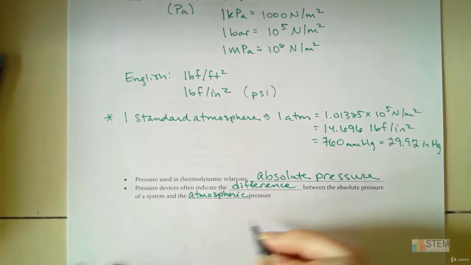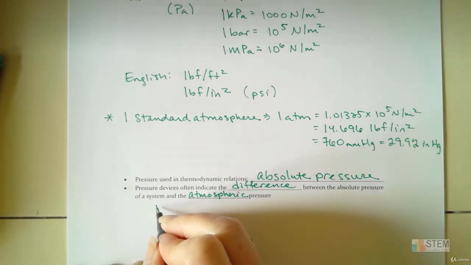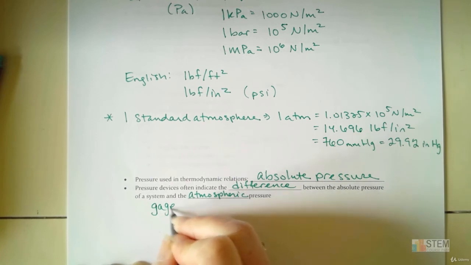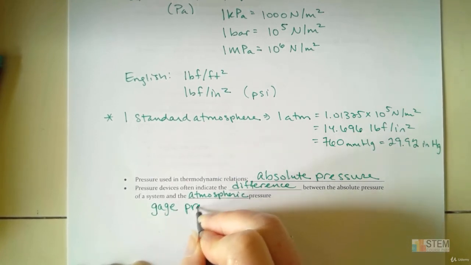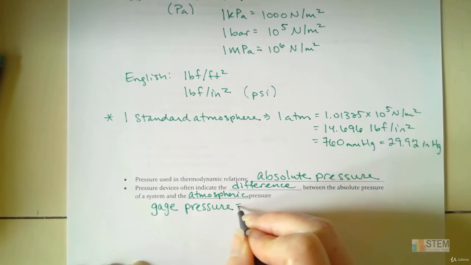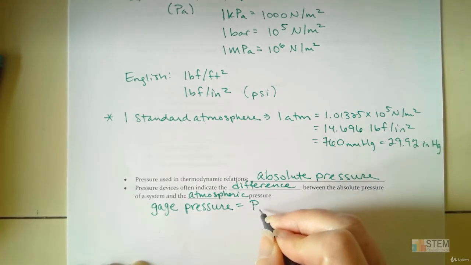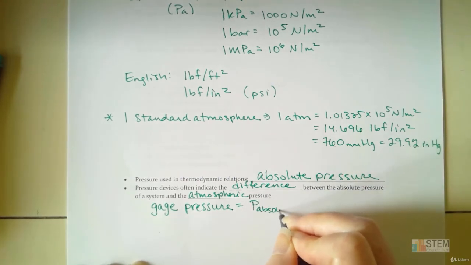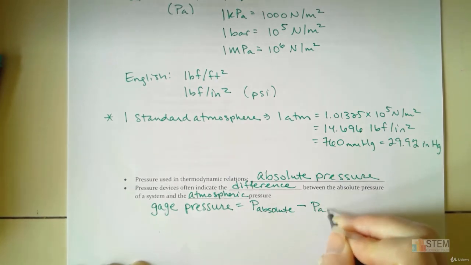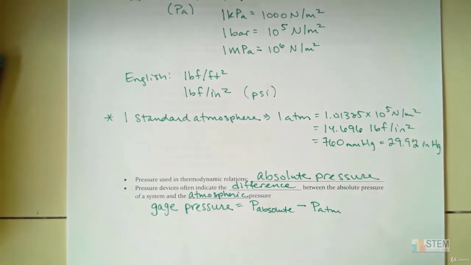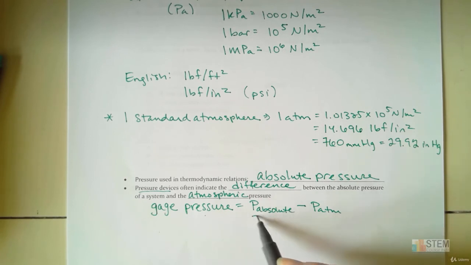Okay, so what you're going to end up getting from those devices is what's called gauge pressure. All right, so gauge pressure is the absolute pressure minus the atmospheric pressure. Okay, so this is the pressure you get from the pressure devices. It's the difference between the absolute pressure and the atmospheric pressure. We need the absolute pressure for our equations. All right.